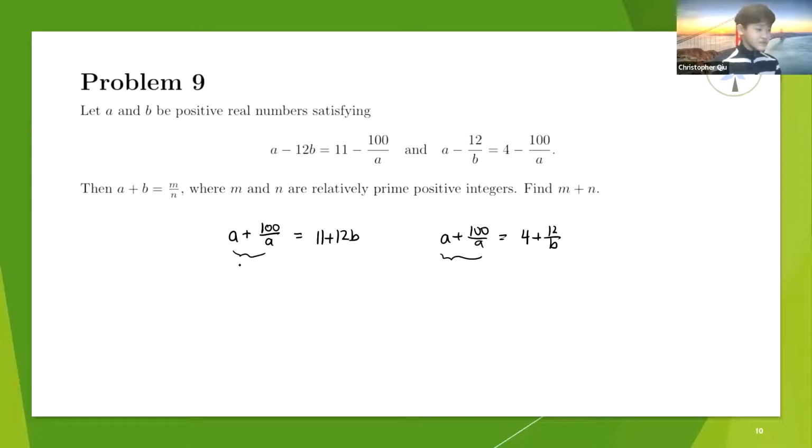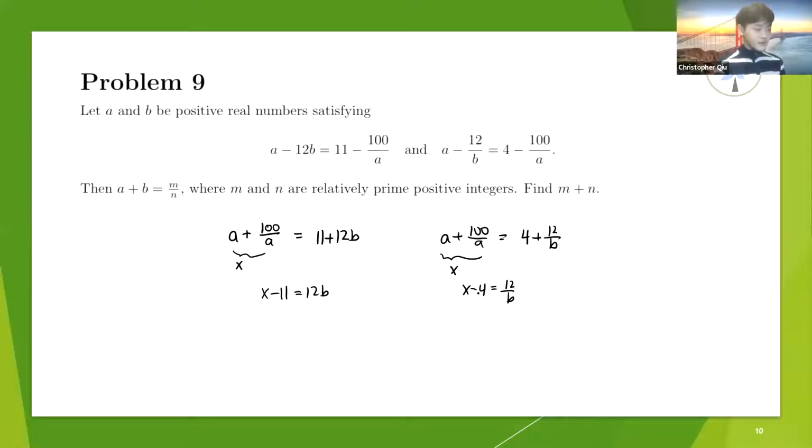So in this case, we can designate this number as a variable x. And then we can notice that x minus 11 is equal to 12b, and x minus 4 is equal to 12 over b. This is just bringing over the constant to the left side on both equations.